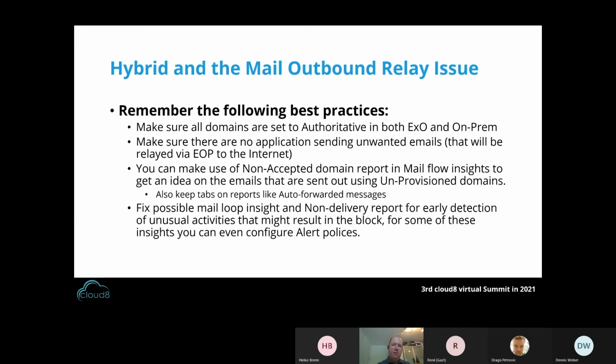If that's not possible for some reason, for example, you have an on-premises system that connects to another SMTP system, and your Exchange Online doesn't include all the domains or email addresses used by your senders, then of course there might be the case that your on-premises servers or applications are sending unwanted emails. And of course, these are relayed via EOP to the internet.